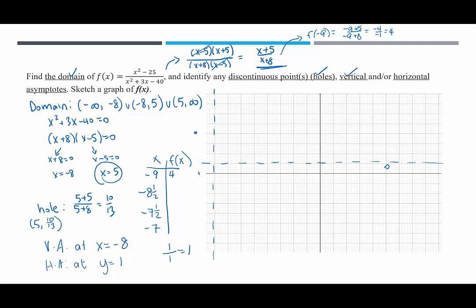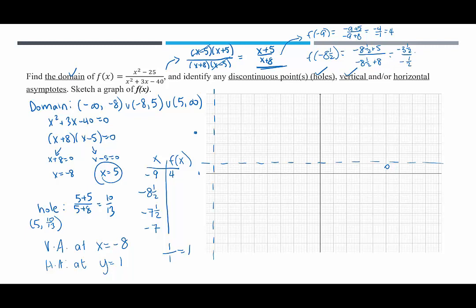So there's one point. What happens when we plug in -8.5? And I know you're thinking, oh no, not a fraction, but hey, it's a half. They're really nice. Let's talk about this together. We have -8.5 plus 5 over -8.5 plus 8. -8.5 plus 5 is -3.5. -8.5 plus 8 is -1/2, because the -8 and +8 cancel. We're still left with that -1/2.